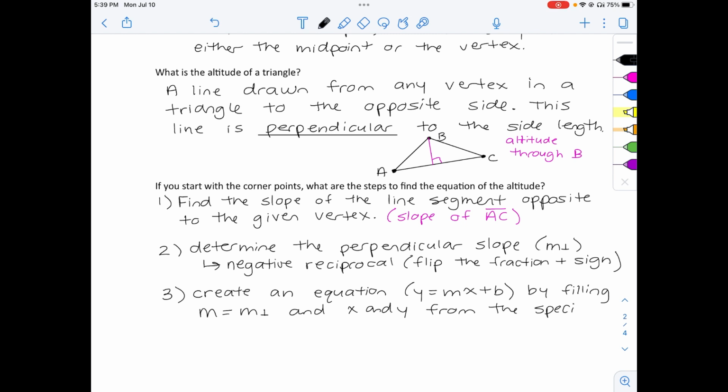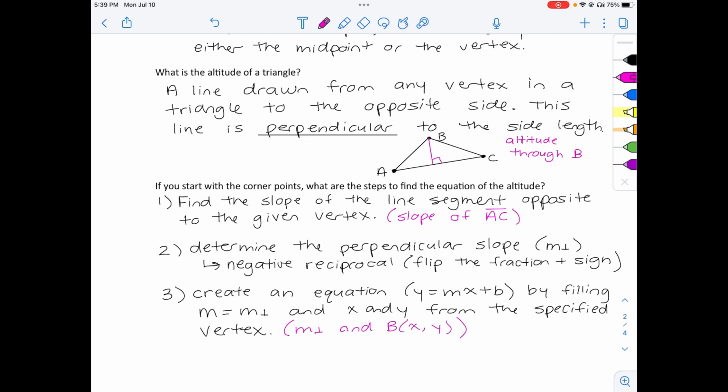Okay, so in this case, you don't have an option for where you are getting the x and y coordinate from like you did in the median, right? In that one, we could pick either the midpoint or the vertex. But in this case, you would use your perpendicular slope and you would use your point B and get x, y from that.